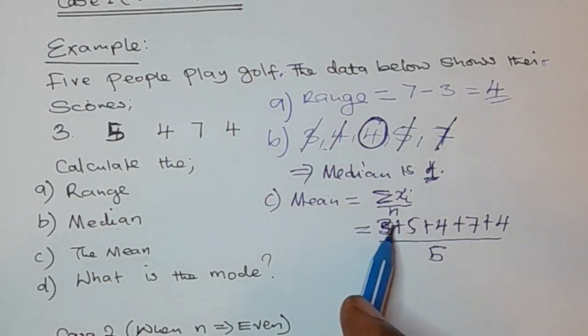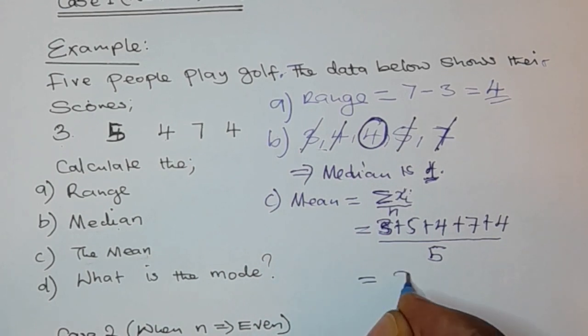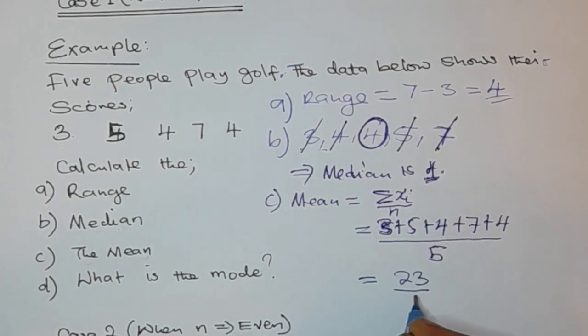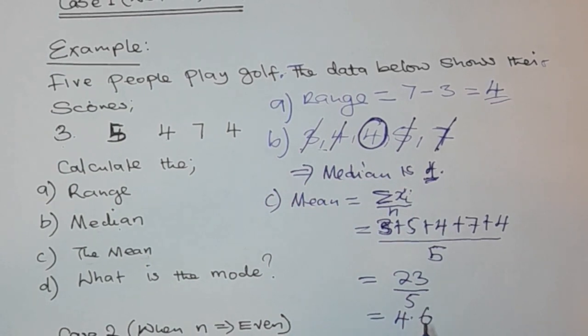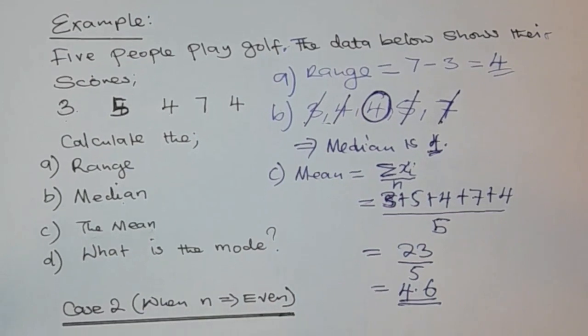When you add all these, you get 23. Then divide by 5, which gives 4.6. So the mean is 4.6.